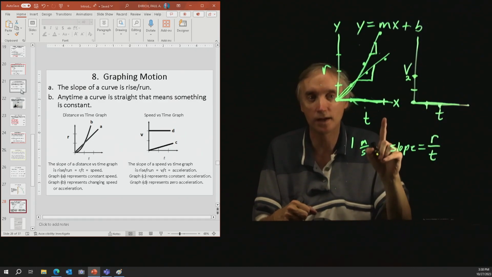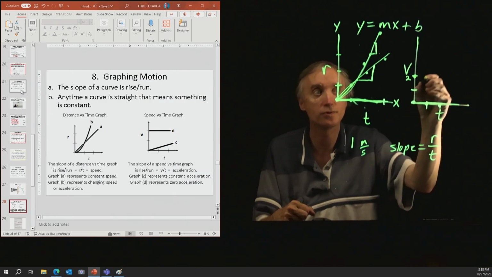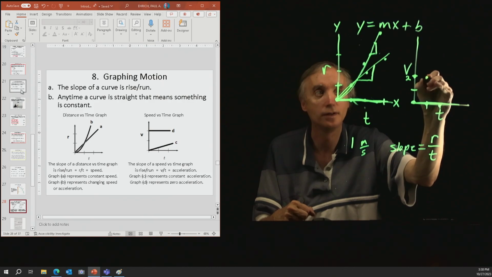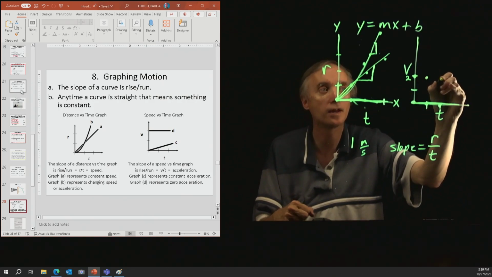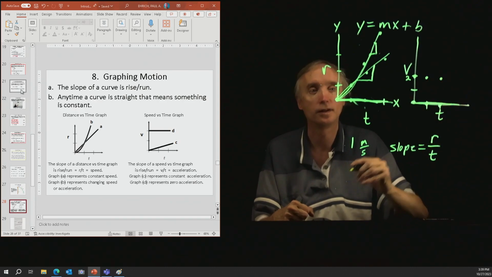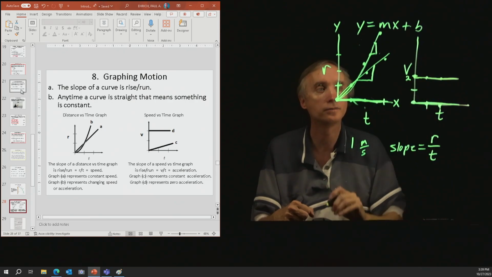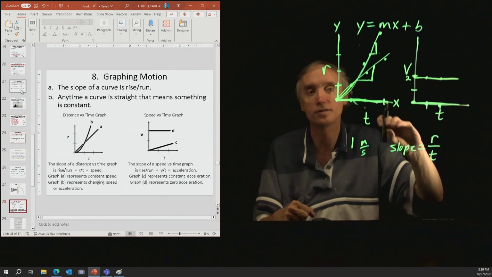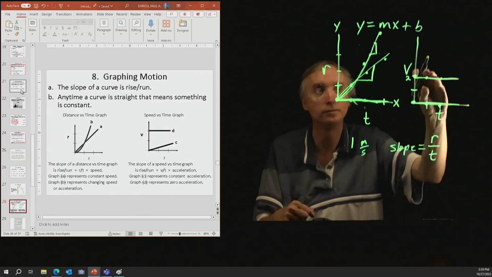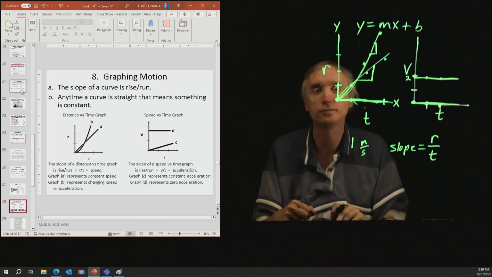At the end of 1 second, how fast is it going? 2 meters per second, because I said it's going at a constant speed. And then at the end of 2 seconds, it's over here. So now this is what it looks like. You'd have a horizontal line, and it depends on the speed. So the faster it's going, the higher up it would be on that chart.